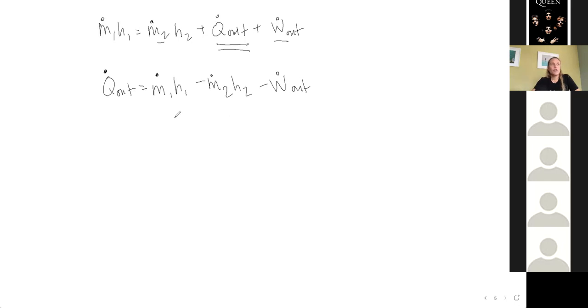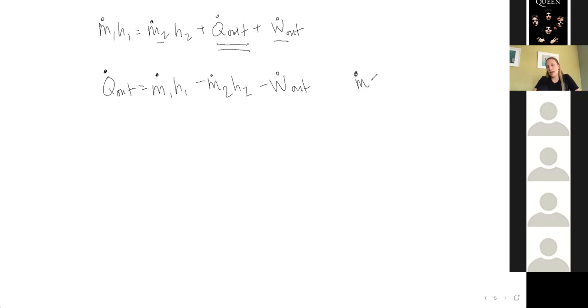Our turbine has one flow of mass that is an incompressible fluid in a steady flow system. So here's where that mass flow rate is really easy.